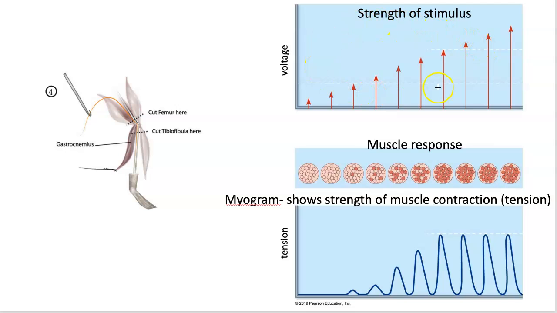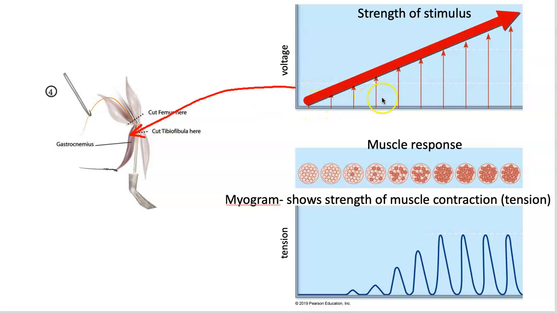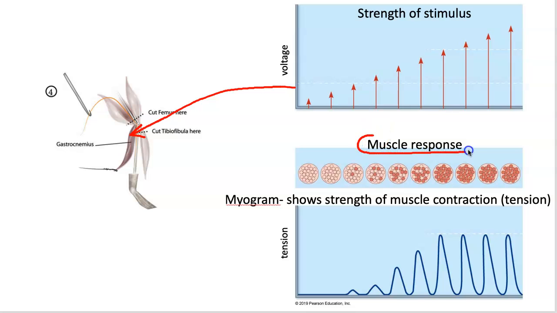In the top graph, what they're doing is showing us the amount of voltage that we're delivering to stimulate the muscle. In this graph, I can see that they're slowly increasing the amount of voltage that's given to the muscle, and then we're seeing what happens as a result. In the picture below, they're giving us a depiction of what the muscle response is.